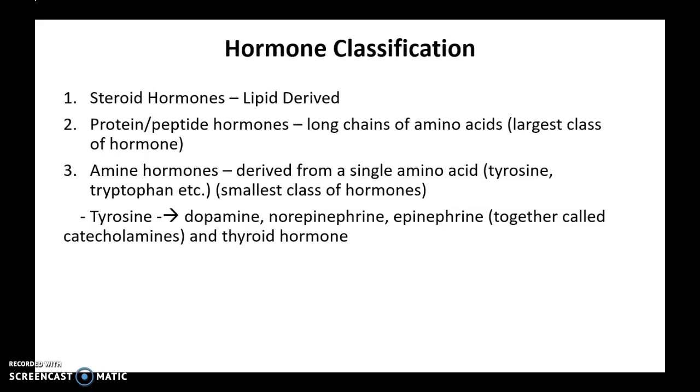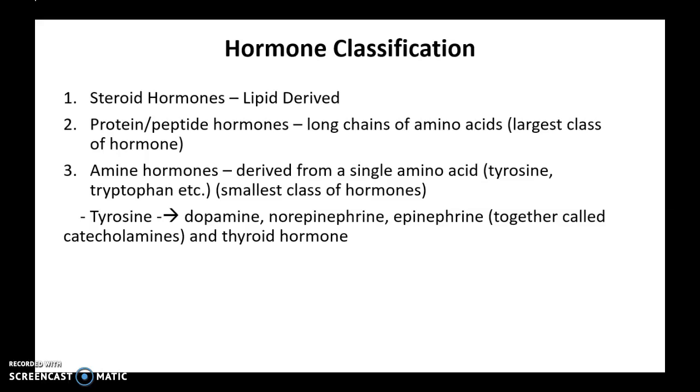And tyrosine-derived hormones like dopamine, norepinephrine, epinephrine, these are derived from a single amino acid called tyrosine. And these hormones, dopamine, epinephrine, norepinephrine, together they are called catecholamines. And I also want you to remember that thyroid hormone is actually an amine hormone.